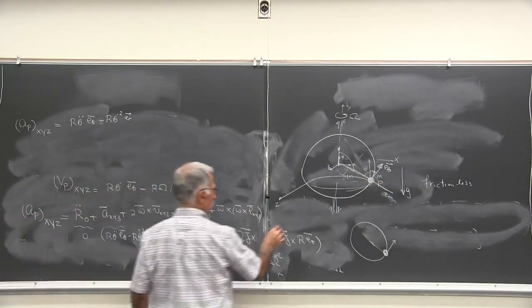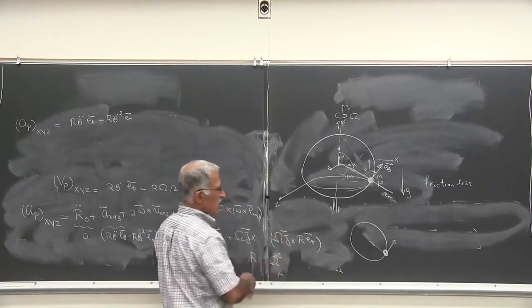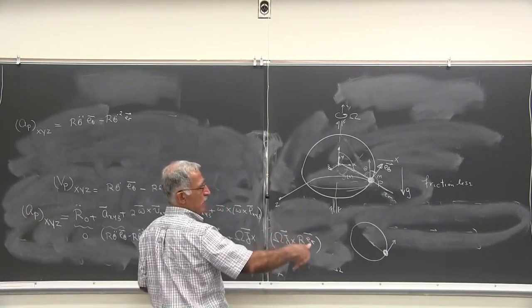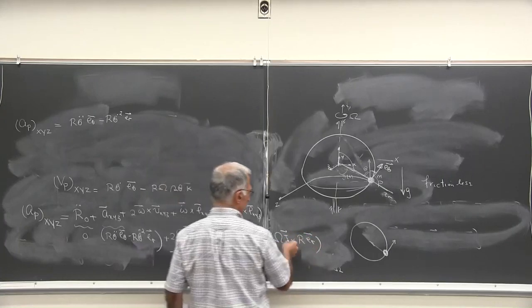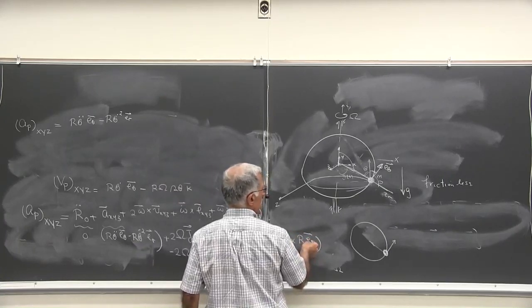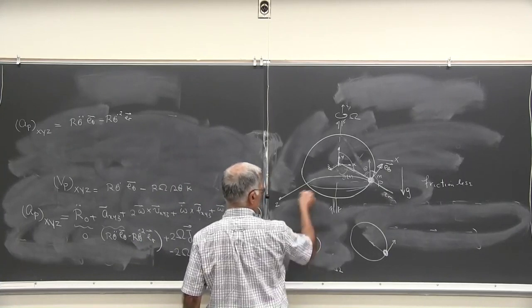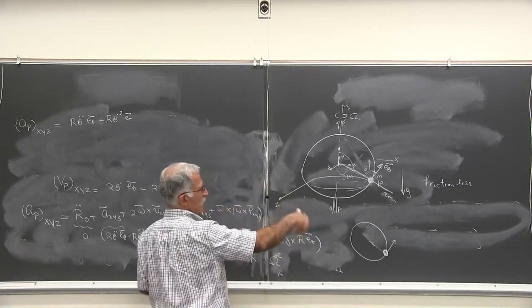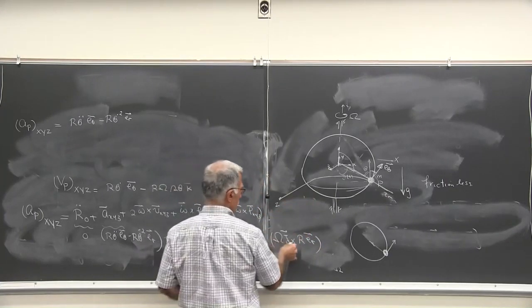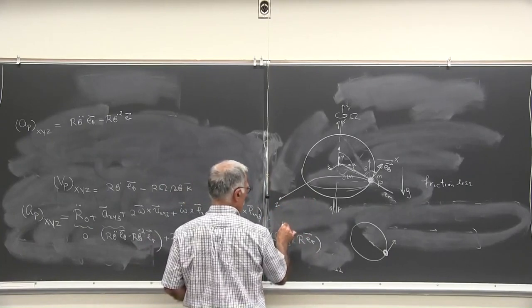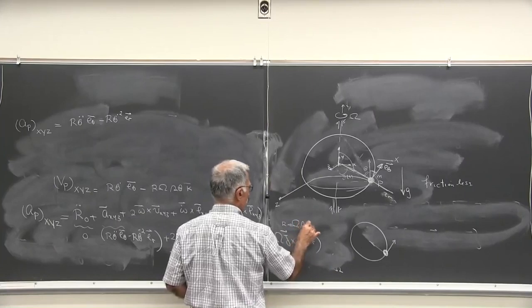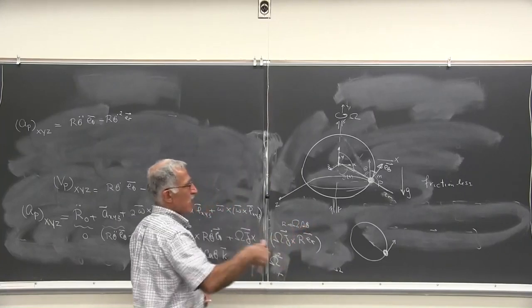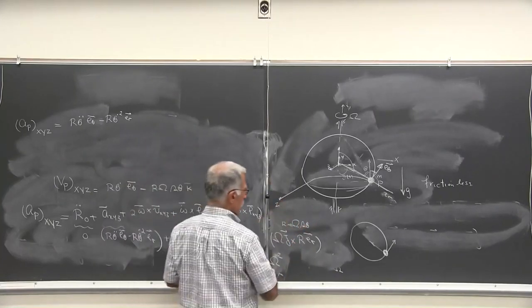So this becomes r omega square sine theta, and J times e_r is negative K based on this coordinate system that I have.